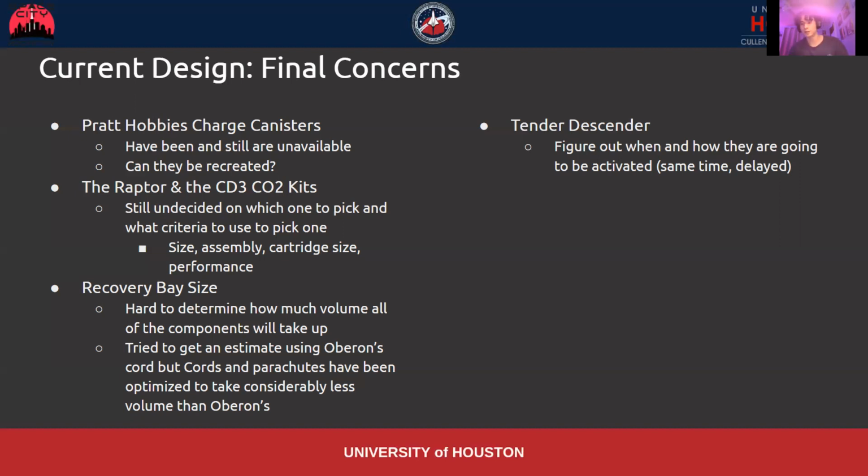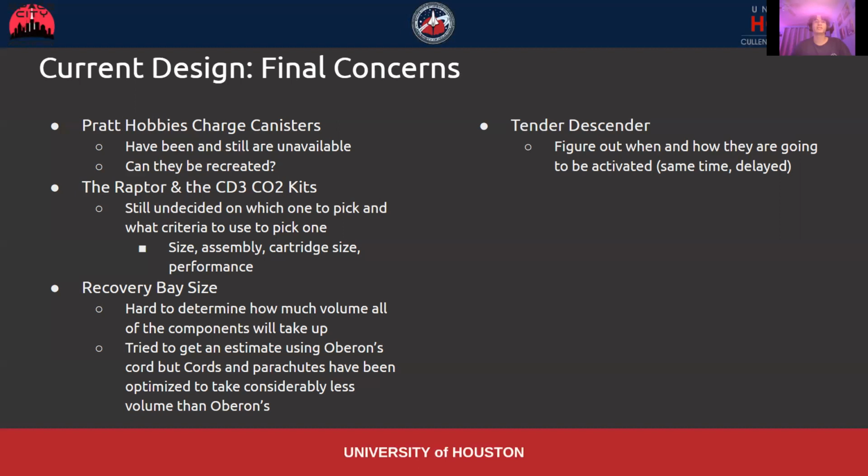He was the same person who made the calculator that I showed earlier, and he was around when they were messing around with both of those CO2 kits. So I'm just going to ask him which one he prefers and why. And I'll show him the parts we have, mini cartridges, all that. And based on what he says, I think we should go with whichever one he suggests.